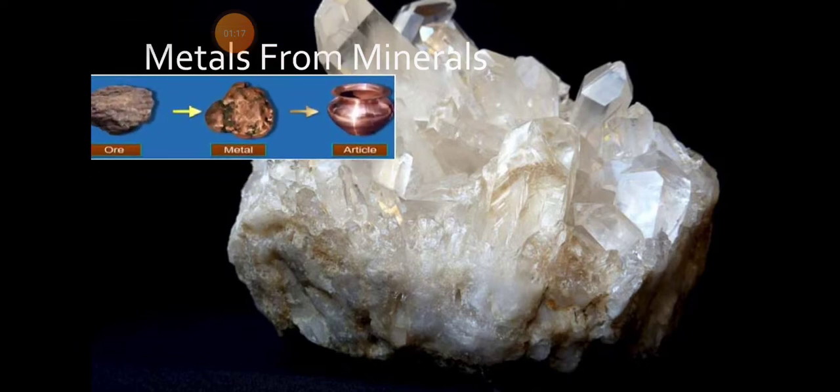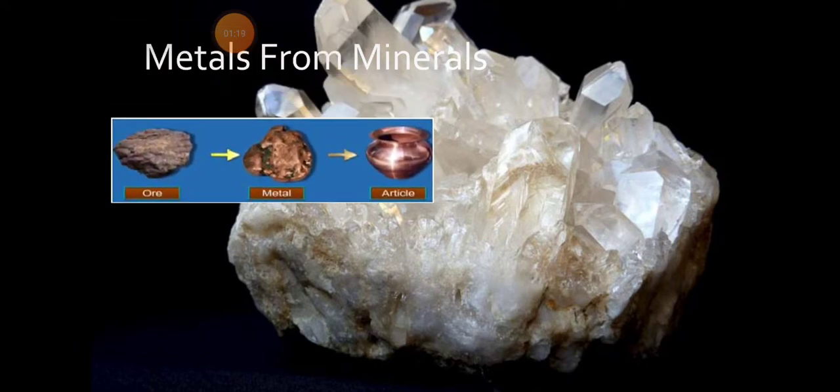So, we get different ores like this. From the ore a metal is extracted. By using the metal, articles are prepared. In this way, the extraction of metals from the source is known as an ore.